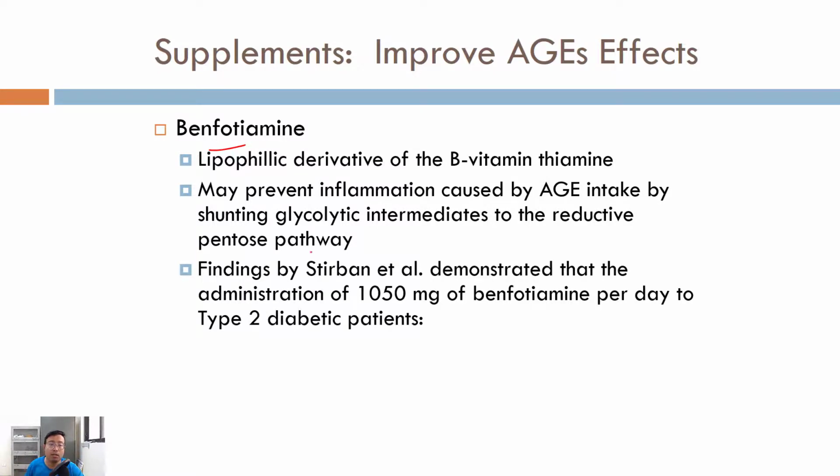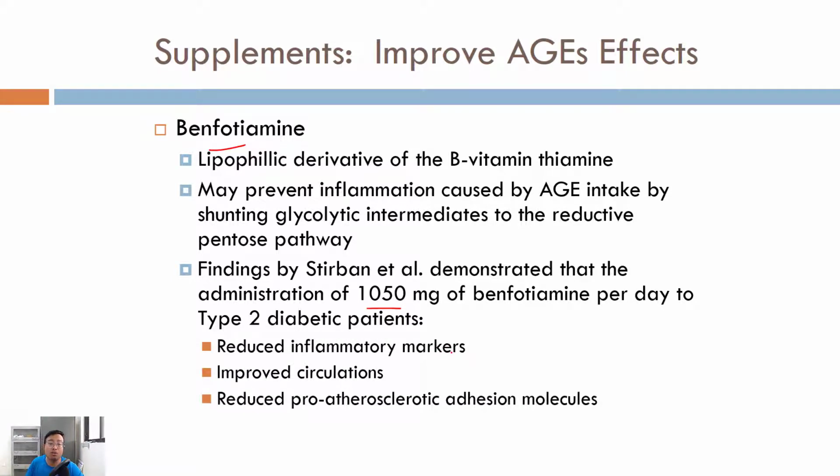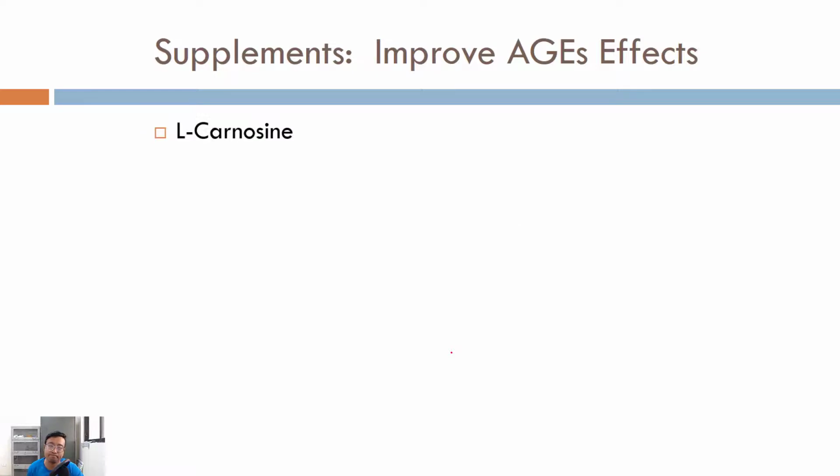Studies have shown that administration of 1050 milligram of benfotiamine per day to type 2 diabetic patients reduces pro-inflammatory markers and improves circulation. It also reduces the pro-atherosclerotic adhesion molecule, because advanced glycation end products help in formation of foam cells and trigger atherosclerosis. So definitely they help. If we somehow reduce the level of AGEs in the body, all those complications can be avoided.